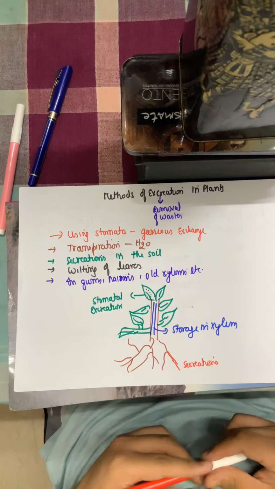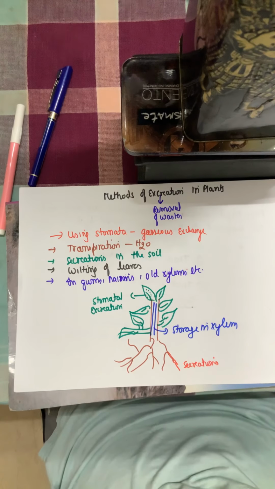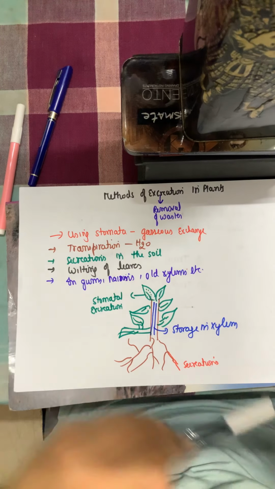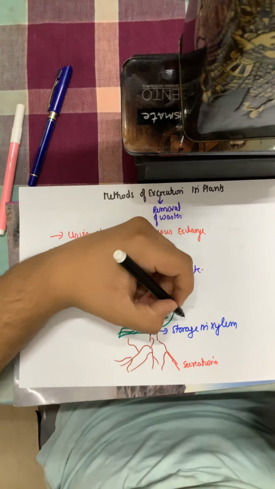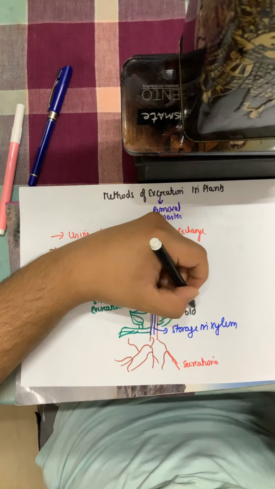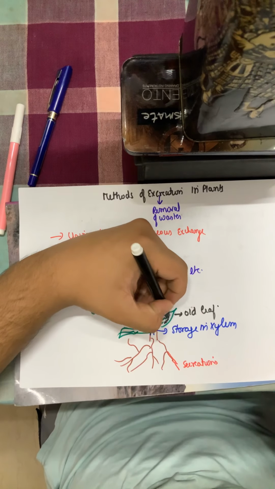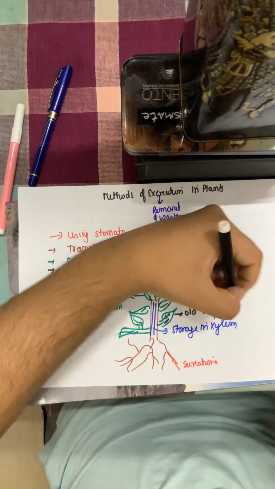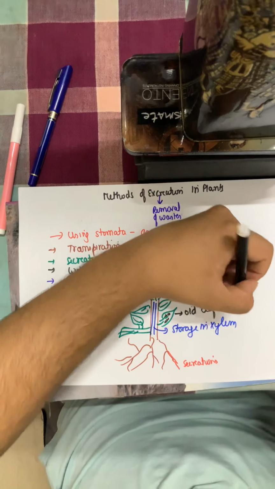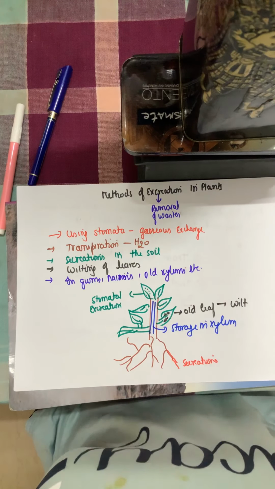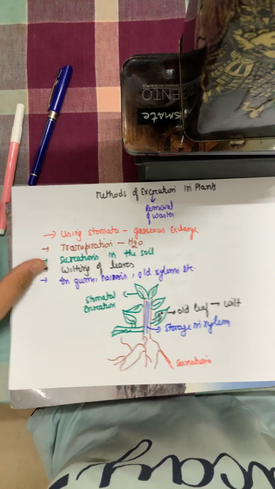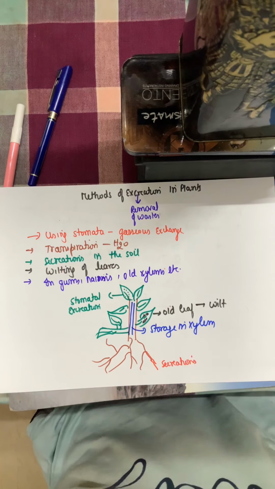The root is performing this function. And some old leaves which are of no use, suppose this is an old leaf, will also store the excretory products. The excretory products will be stored in this part also, and this will wilt in the proper leaf wilting season by the action of plant hormones.